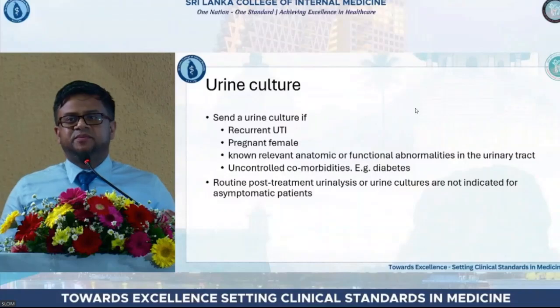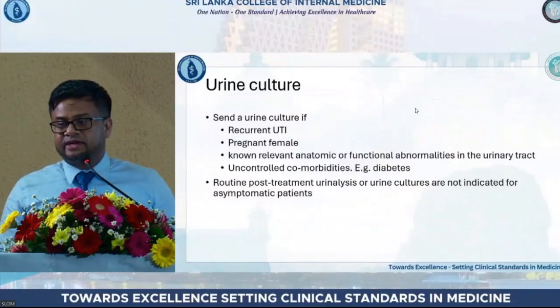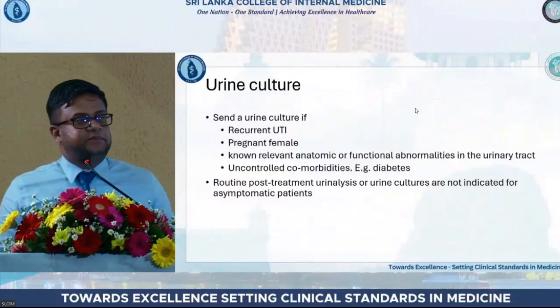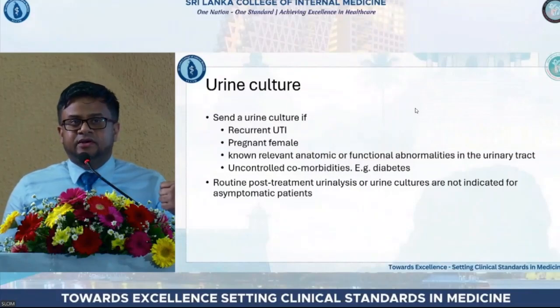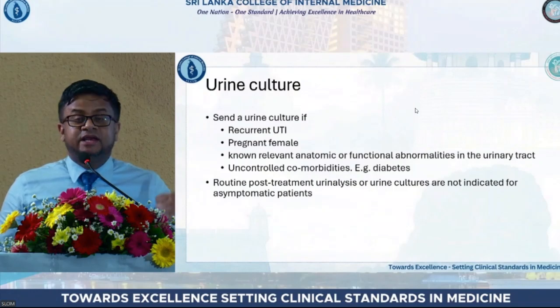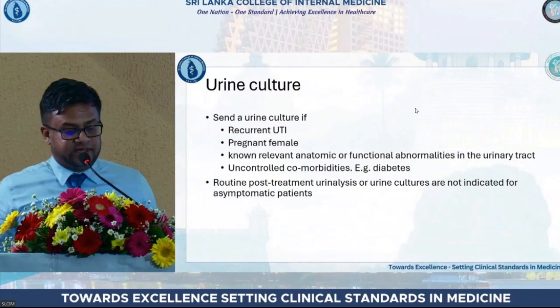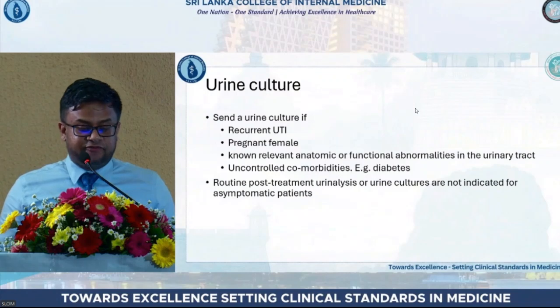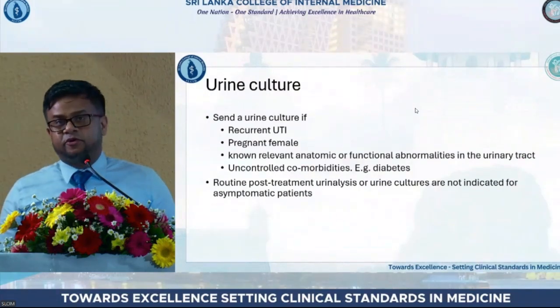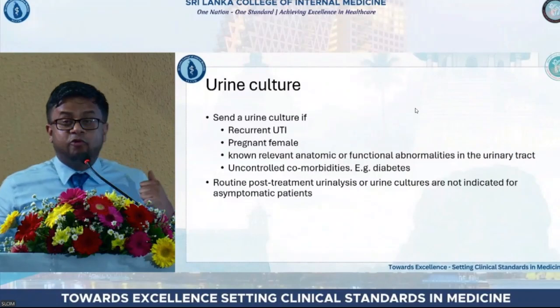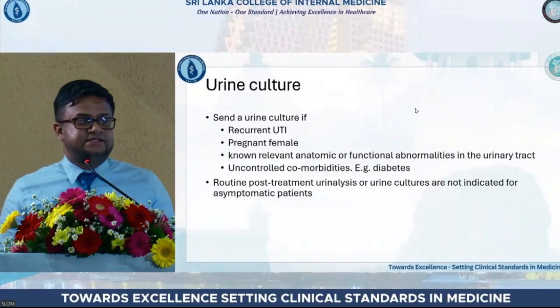We have seen many patients who are asked to come in 1 week's time for a scan or a repeat urine culture. That is not needed. If you want to send the culture, send it if the patient has had recurrent UTI, if the patient is a pregnant female, has relevant anatomic or functional abnormalities in the urinary tract, or uncontrolled comorbidities such as diabetes.